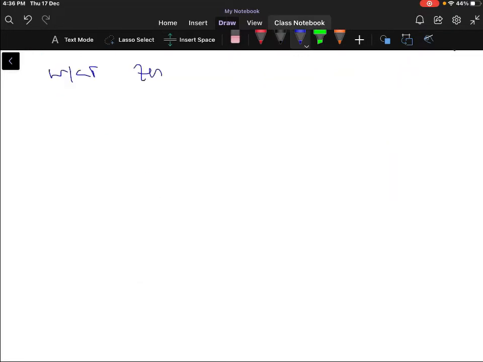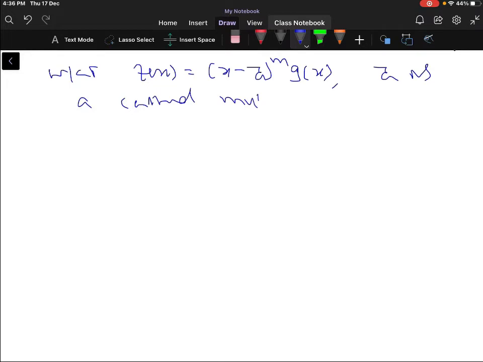That is, f of x equal to (x minus xi) whole power m into g of x, where xi is called a multiple root of f of x equal to 0.